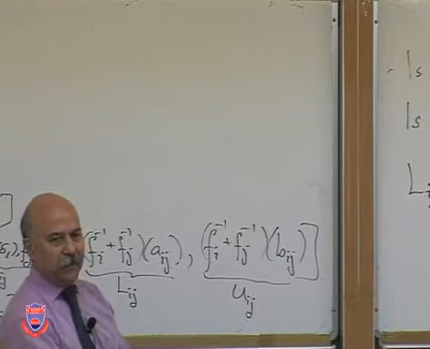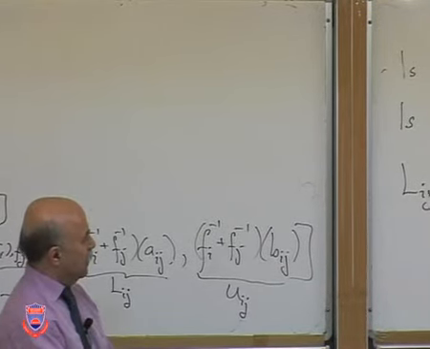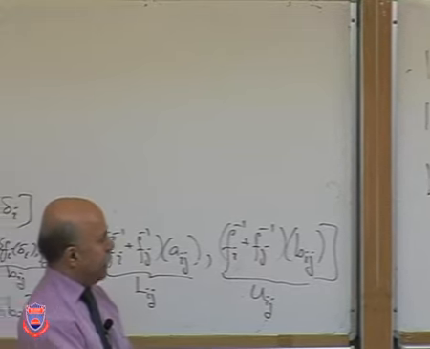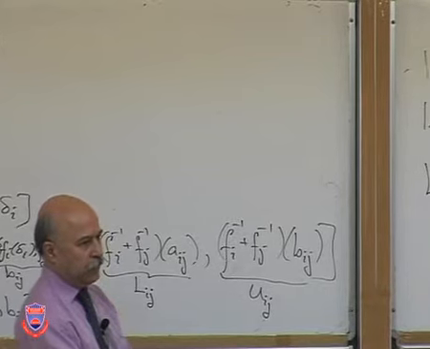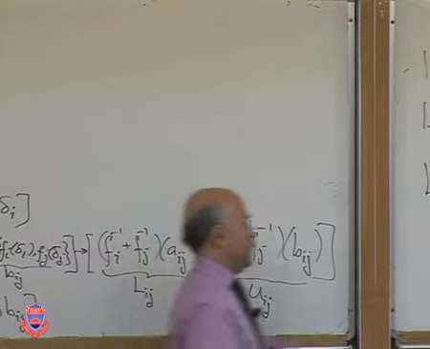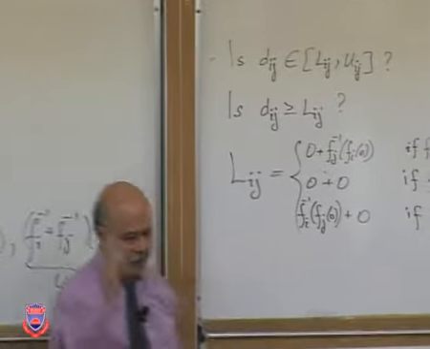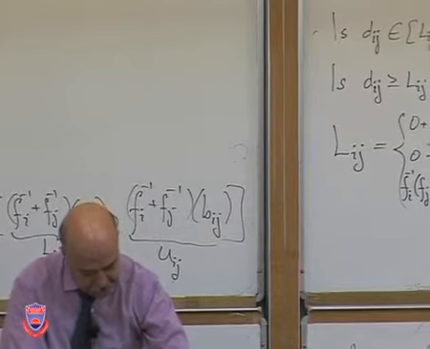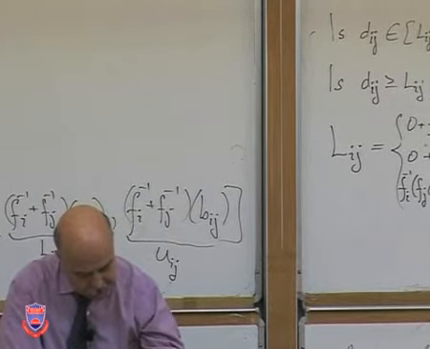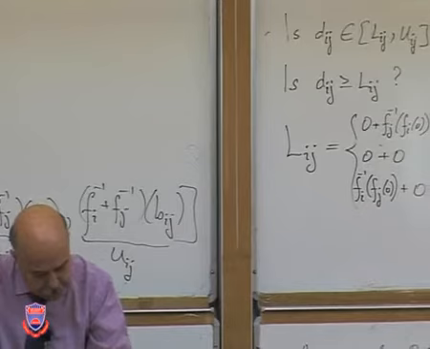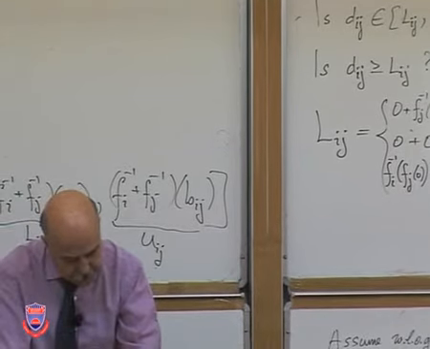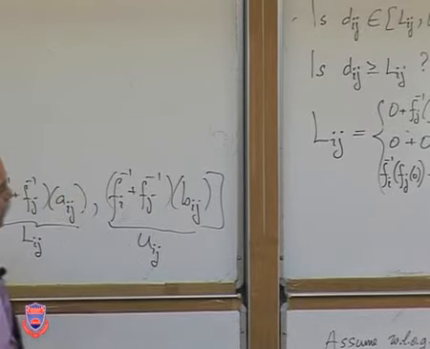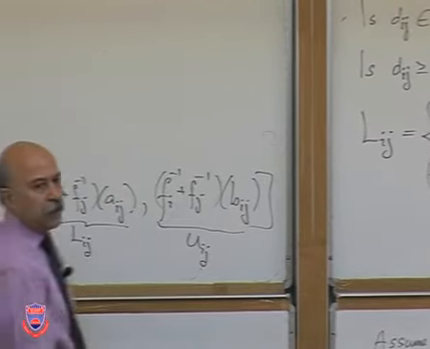Does that tell you anything? This is always greater or equal 0. True, because these things are always non-negative. Anything else? Does this imply Dij greater or equal Lij?